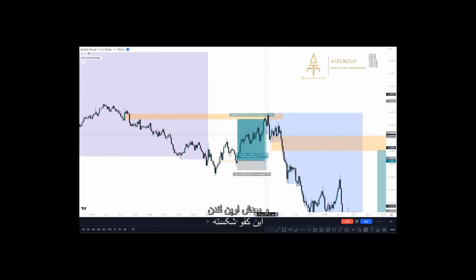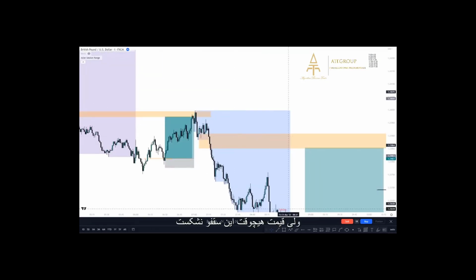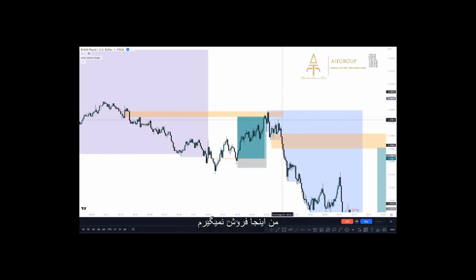and after London open broke this low, but we never came for this high, so I wouldn't be selling it right here.